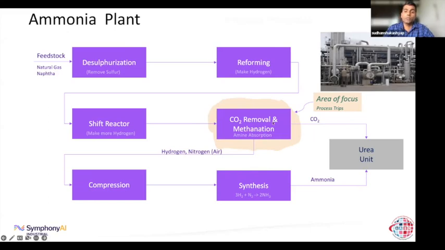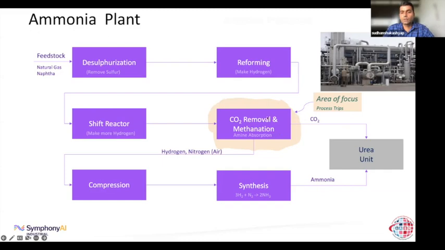If the system is not working well and a high amount of CO2 is escaping from it, then there is a trip system, which trips the whole plant, because you don't want to deactivate and poison the catalyst completely.